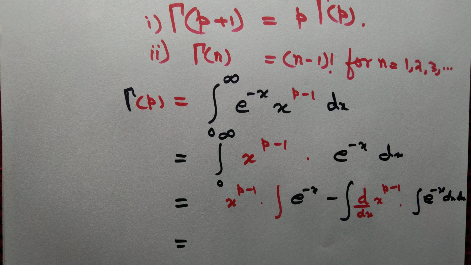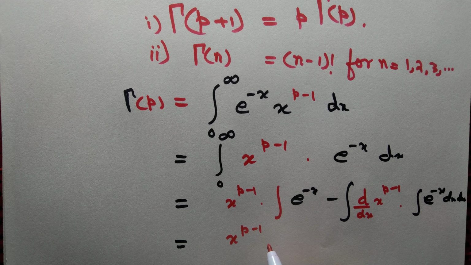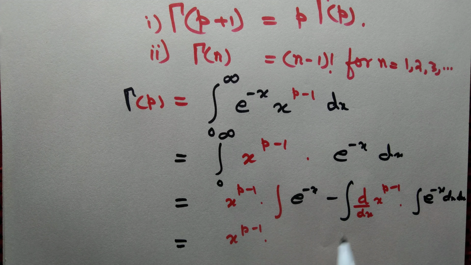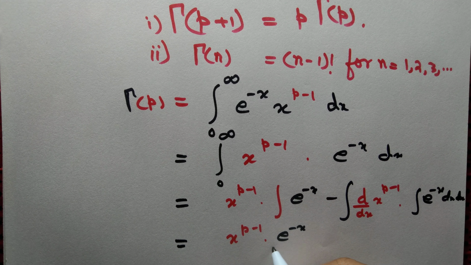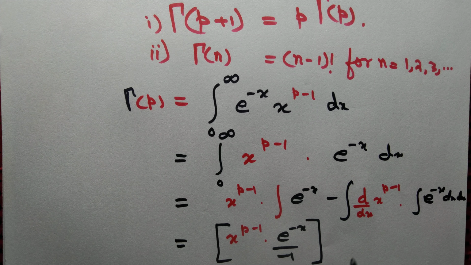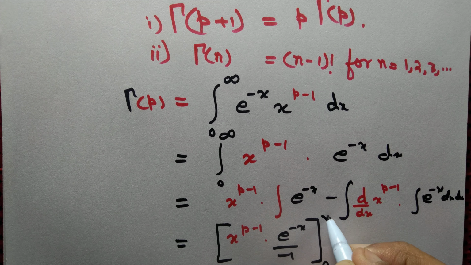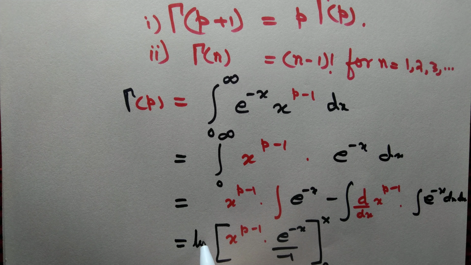So x to the power p minus 1 we write as it is. If you integrate e to the power minus x, you get e to the power minus x by minus 1. We need to compute the limit from 0 to infinity, but since we can't put the value infinity, we write the limit from 0 to x as x tends to infinity.